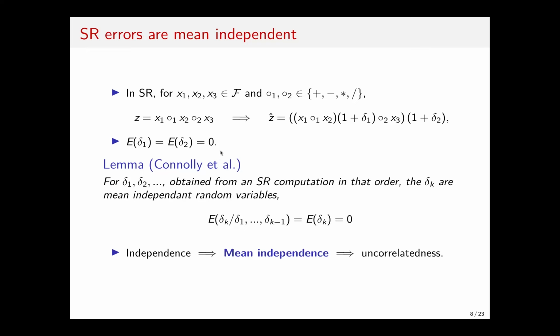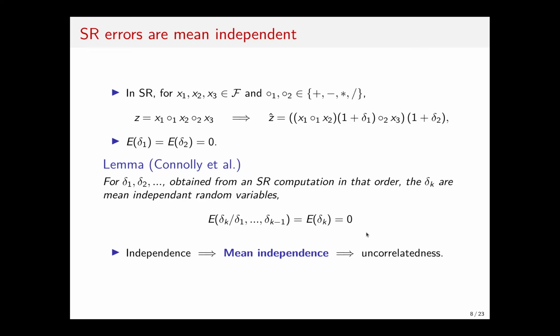And there is a very important lemma that was proved by Connolly and others that shows that when you chain different operations, the delta Ks are mean-independent random variables. So mean independence means that the expected value of delta K, knowing the previous deltas, is equal to the expected value of delta K, equal 0, because we know it's unbiased.